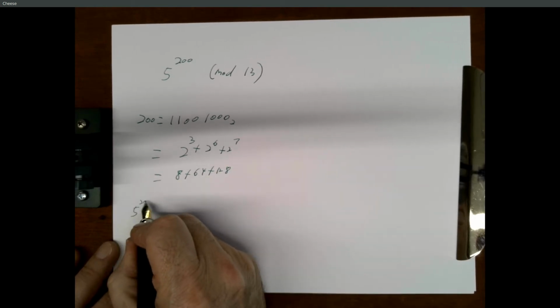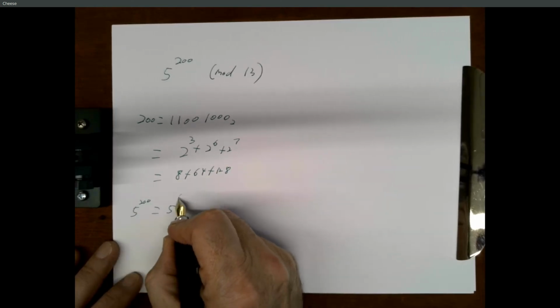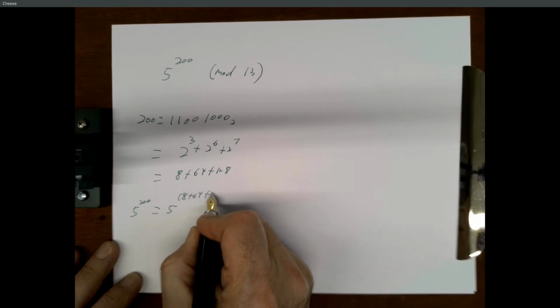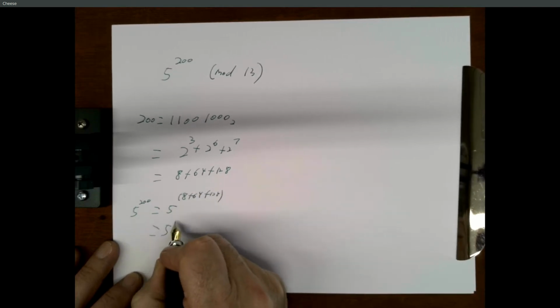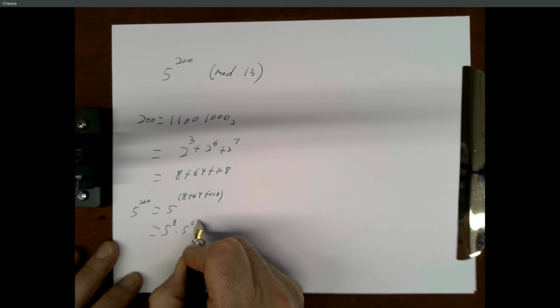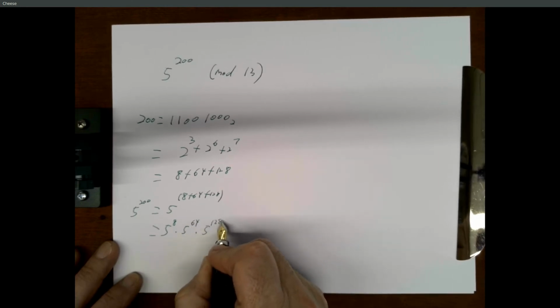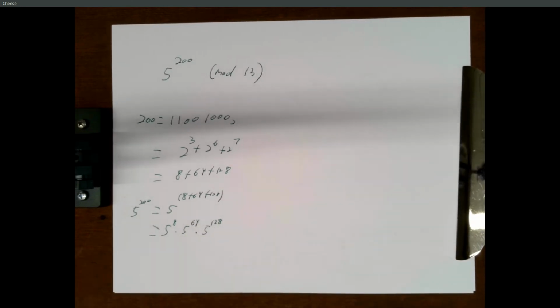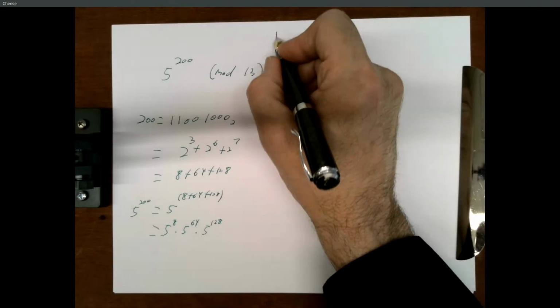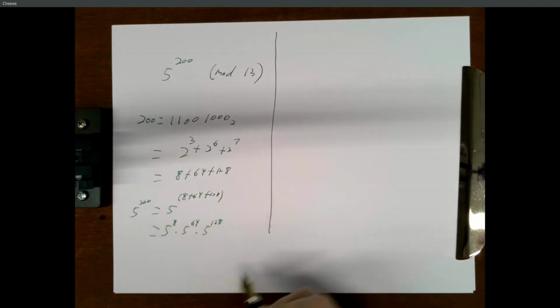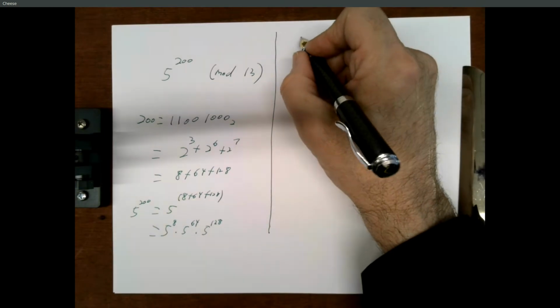So 5 to the 200th is 5 to the 8 plus 64 plus 128, which is 5 to the 8th times 5 to the 64th times 5 to the 128th. And now we have to write what each of these things is, modulo 13.